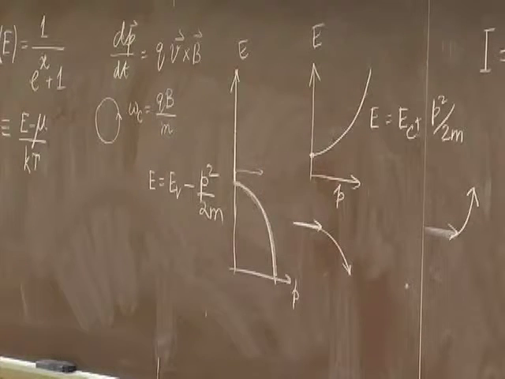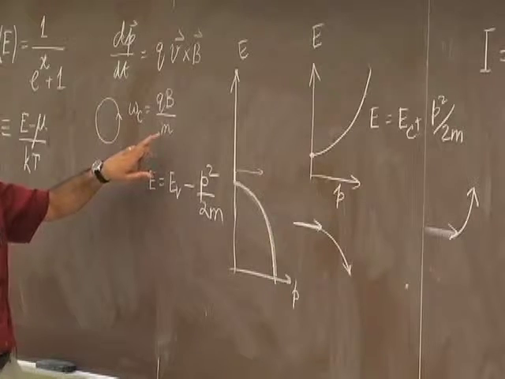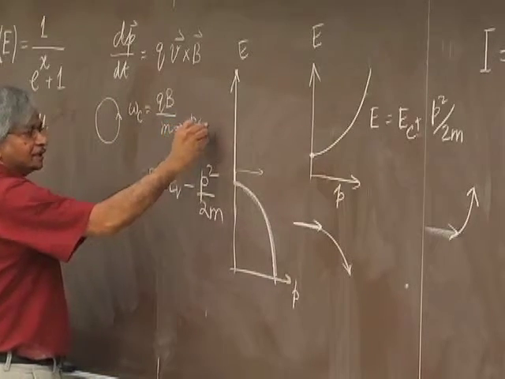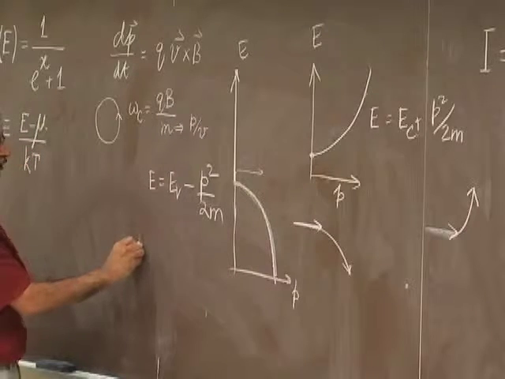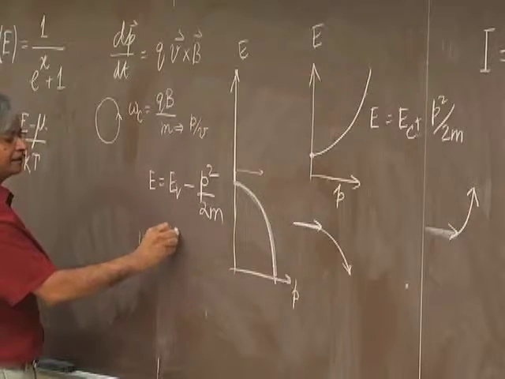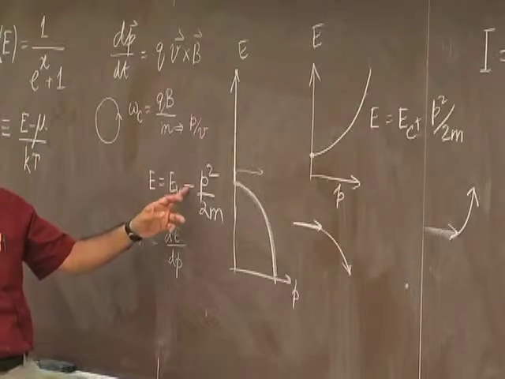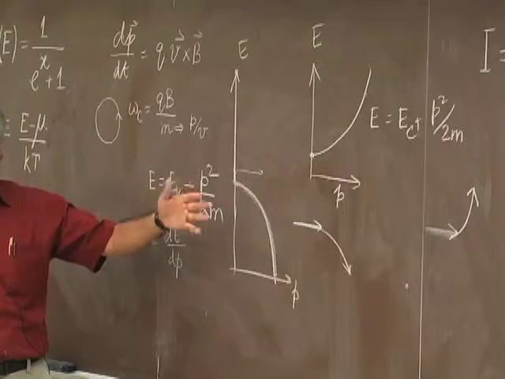Now, in this context, the important point is that if you think of this M as the ratio of momentum to velocity, and remember velocity is like dE/dP, you'll notice that with this minus sign, it is almost as if the mass is negative.